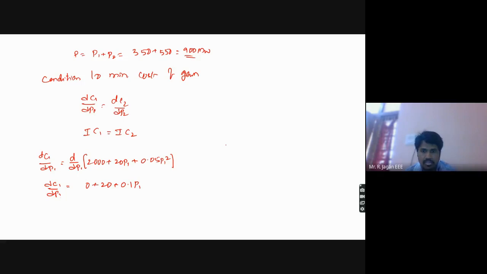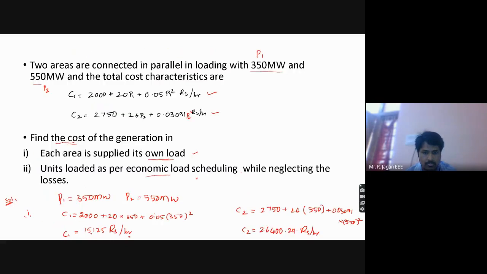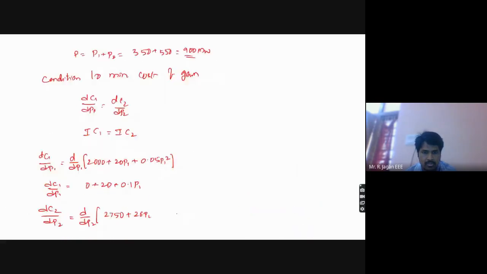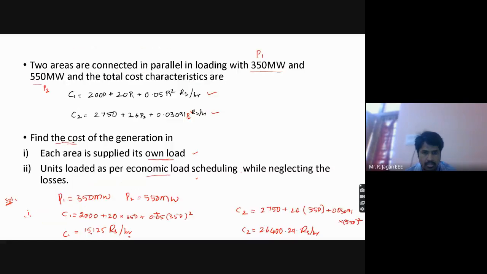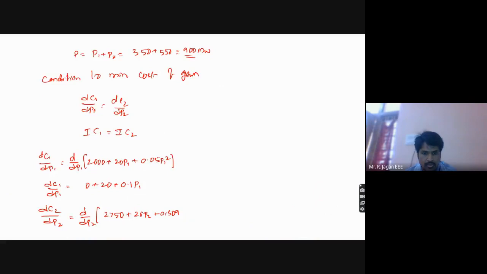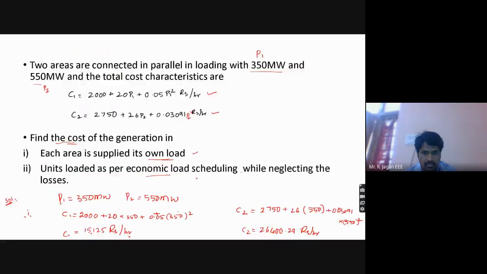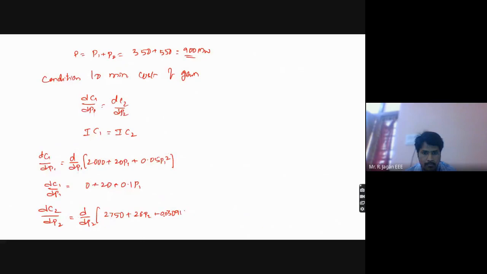Second is dou C2 by dou P2. Here C2 has 0.03091 P2 square.